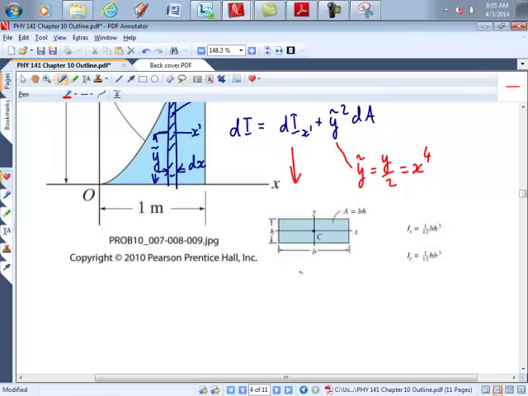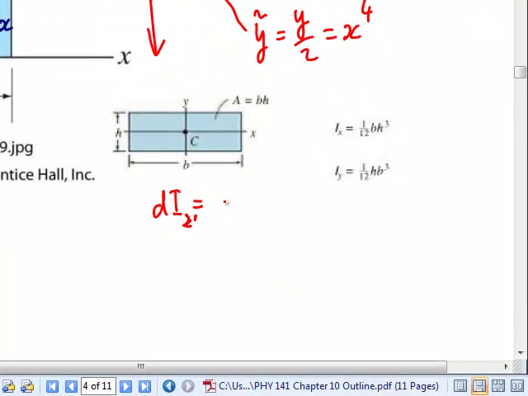So that means our dI x prime is going to be 1/12 the base, which is going to be dx, times the height, which is 2x to the 4, squared.